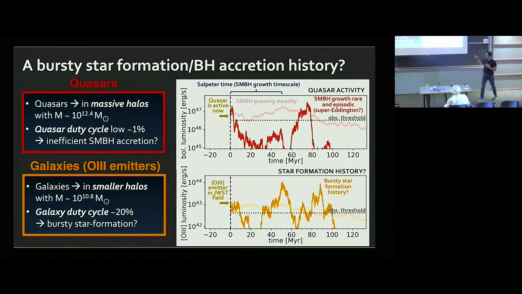And since we believe that [OIII] is somehow tracing star formation, this is a measurement of the burstiness of star formation at redshift 6. So we do have already a measurement of this burstiness of star formation, and it will be extremely interesting to push the boundary up to even higher redshifts and to see how this burstiness evolves with redshift.